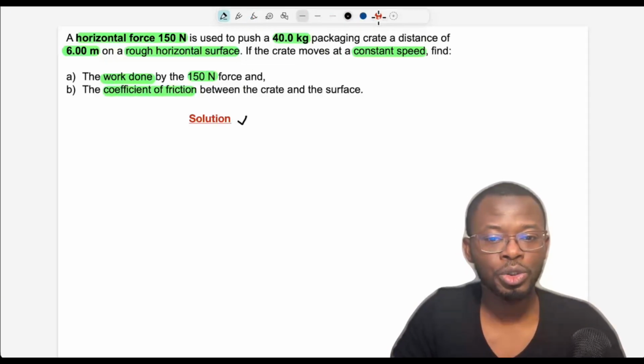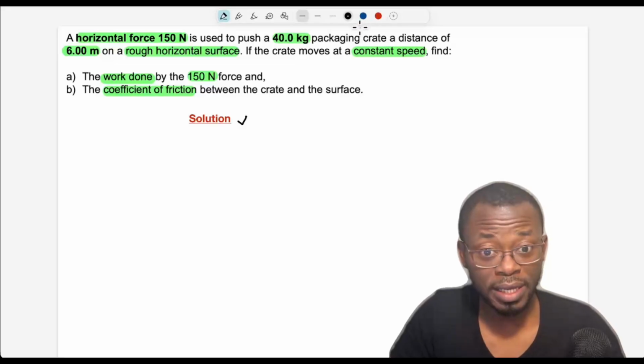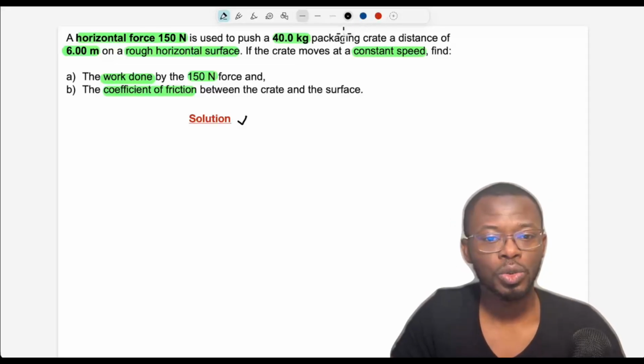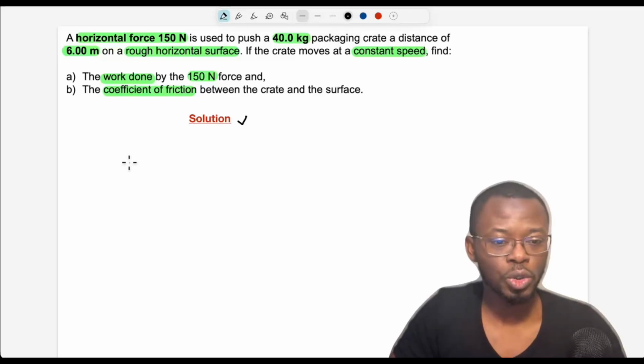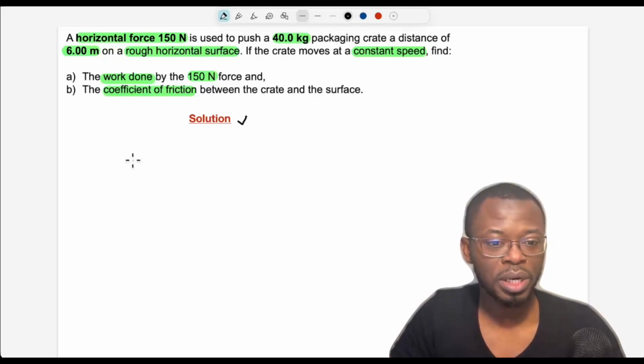The first approach to solving this problem is to identify your coordinate system. The coordinate system is important because it helps us to track the directions and also the forces acting on these objects. The coordinate system in this problem is going to be the Cartesian coordinate system, simply the XY coordinate system.